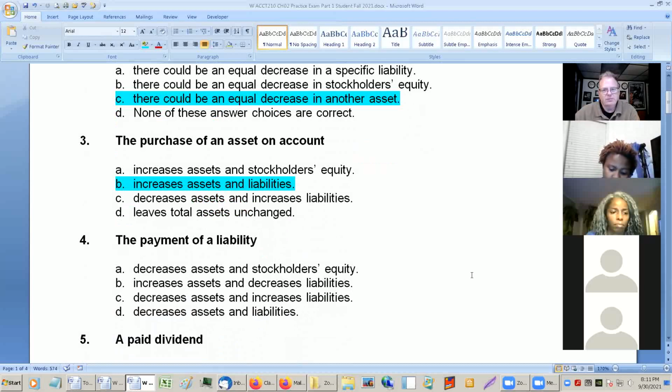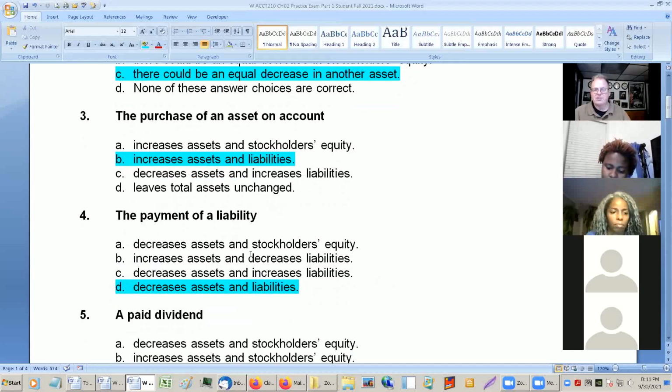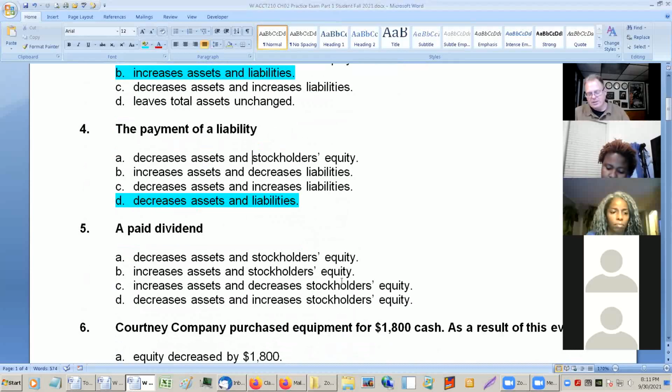Payment of liabilities. You guys picked A. Payment of a liability decreases your assets and it decreases your liabilities. No trouble with that. This next one is kind of quirky: payment of a dividend. First of all, when you pay out money, it's not going to be those two.